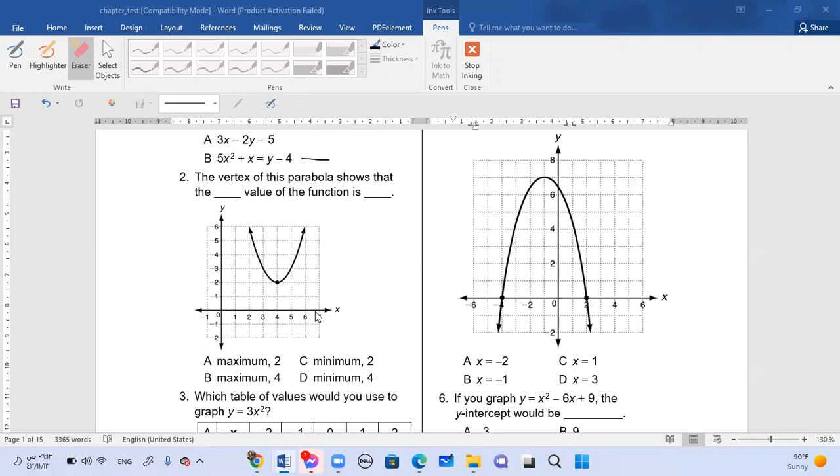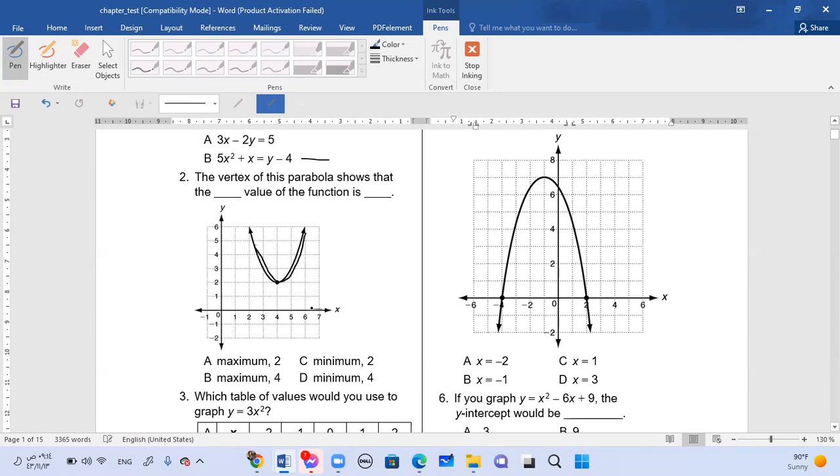Does this graph intersect with the x-axis? No. So this graph has no solution.